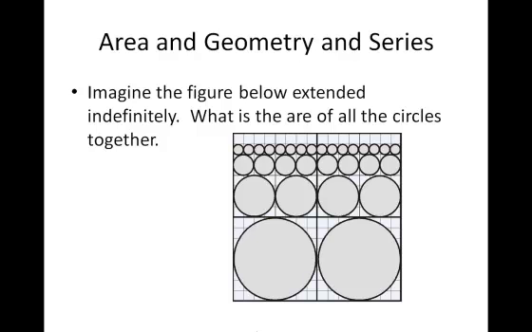Here's one that involves geometry and area and series. So imagine this figure below. In the bottom half of the square you see two large circles. In the next quarter of the square you see 4 circles. In the next one we see 8, and the one above that we see 16.